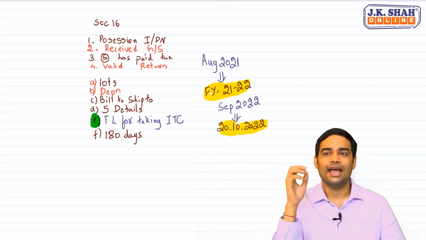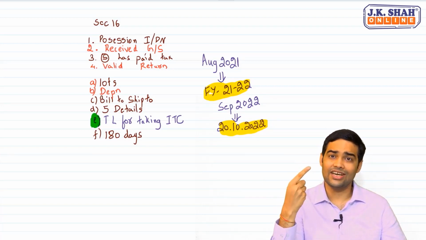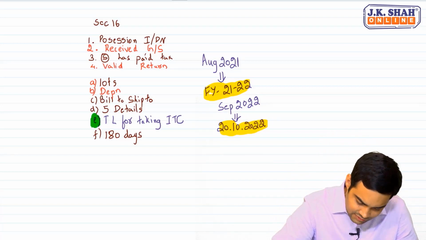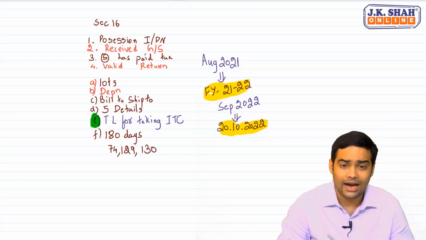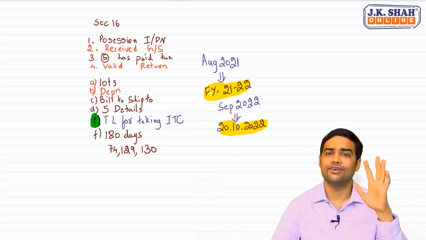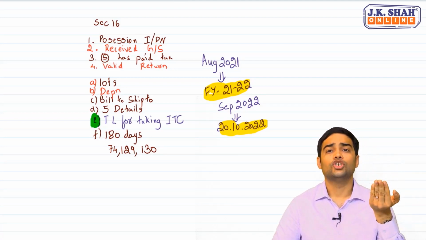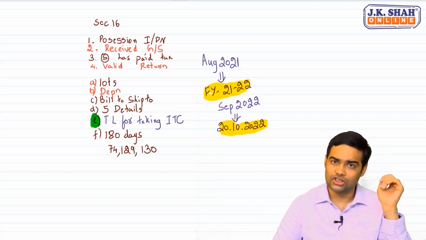And remember, any tax paid based on an order under section 74, 129 and 130, ITC will not be eligible. क्या है 74? Section 74: show cause notice in case of fraud, willful misstatement and suppression of facts.